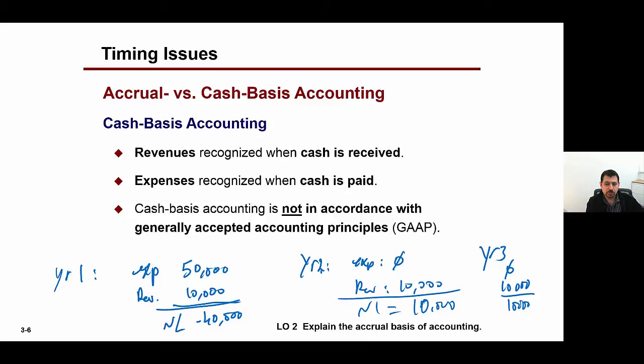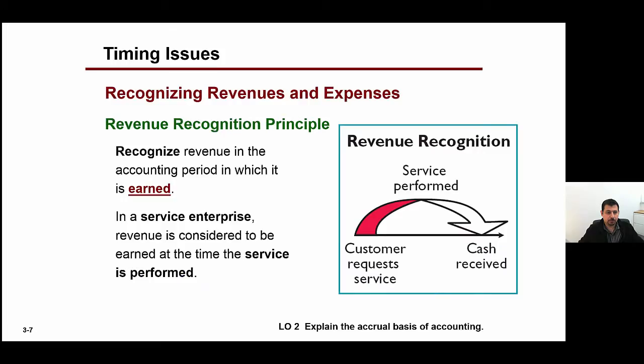And this is usually like individuals and small businesses, they may use cash basis. However, medium and large businesses, they always use accrual because under US GAAP, it is required. Throughout this semester, we will be talking mostly about accrual basis accounting. And we will be recognizing revenues and expenses according to accrual basis accounting.